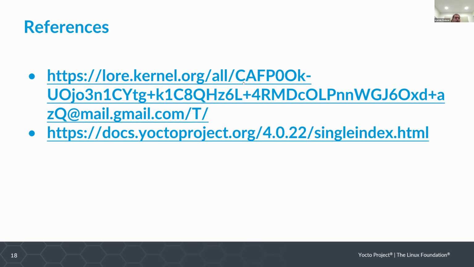And the second question is from Oscar. I think you're probably referring to the hash equivalent server. Is that right, Oscar? Oh, okay. Yeah, by setting OE basic hash, we found that all the packages that we were not really developing, which came from open source layers, were fetched directly from the state cache, so they didn't really get built.